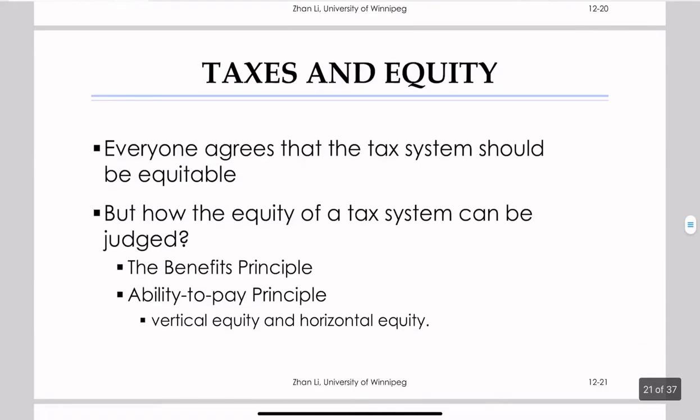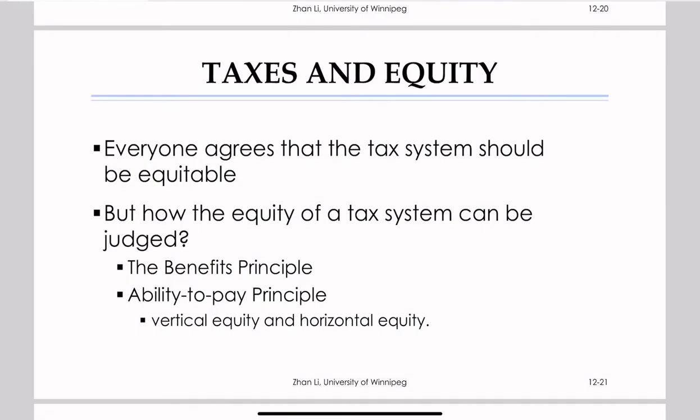Okay, so if we have a goal to design this tax system, then besides efficiency, we will want the tax system to be fair, to be equitable, right? But you can see that it's actually somewhat subjective to judge how equitable this tax system is.